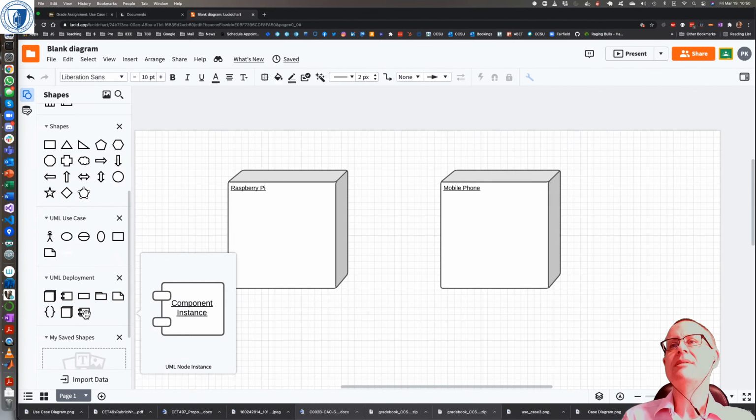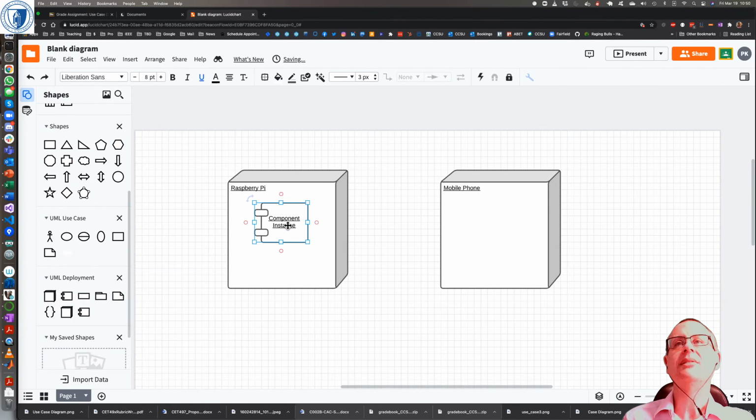Now you have, again, component instance. This might be my embedded software, whatever the software that you need to write to run on the Raspberry Pi. And then we might also have my app, because you need to write an app to run on your mobile phone.